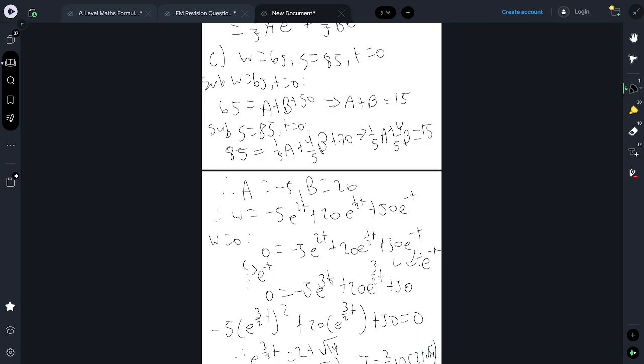Are there any negative values? Let's try, I don't know, minus 5e to the 2 times 1.2, plus 20e to the 0.5 of 1.2. So substituting t as 1.2 to see if there are any negative values to give a limitation. So plus 50e to the minus 1.2. And you get a negative value, right?